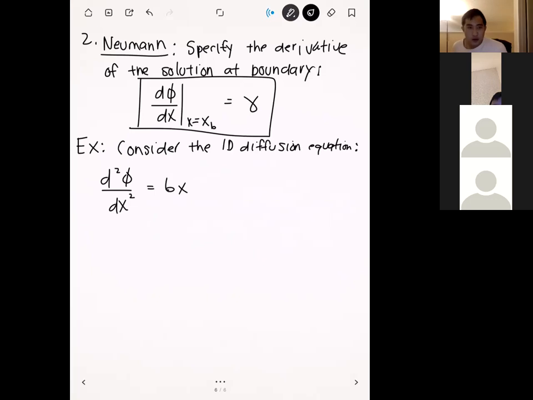So pretty simple for starting out. And so let's say that our boundary conditions are given by the following. First, our boundary condition at 0: phi of 0 is going to be equal to 1. And then our next boundary condition is going to be at x is equal to 1.